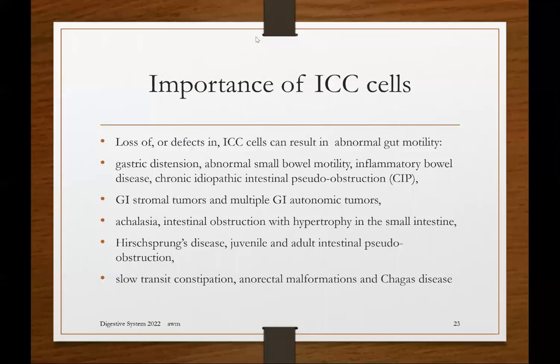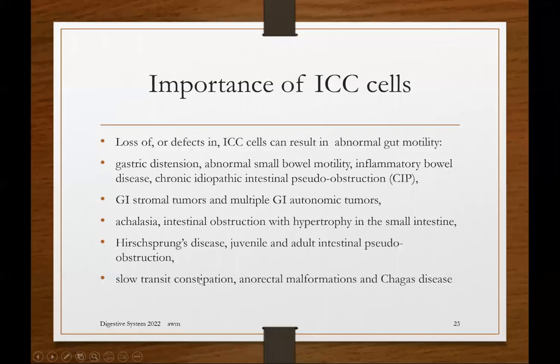You can also get anorectal malformations, which will imply a congenital problem during development. So it's a failure of the enteric nervous system to develop and to coordinate with the smooth muscle. So these are just examples of what can happen.